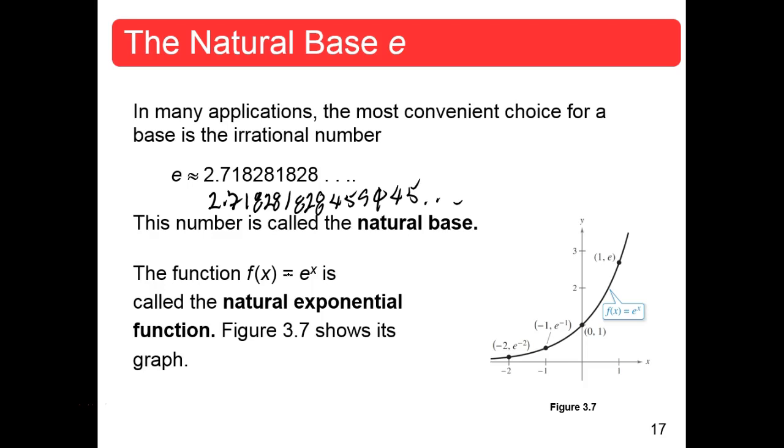And here's its graph. And if you hadn't imagined this yet, imagine it now. Remember what it was when we did 2 to the x. It went through here and went up something like this. Then a little bit later we did 3 to the x. And it went here and went a little bit higher.